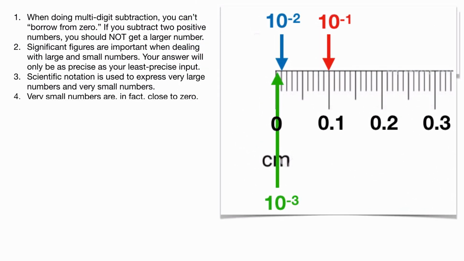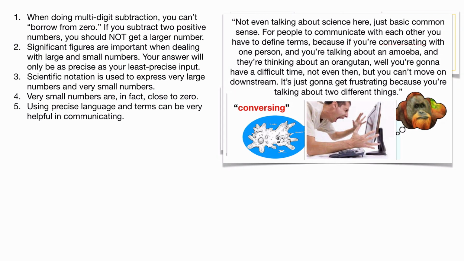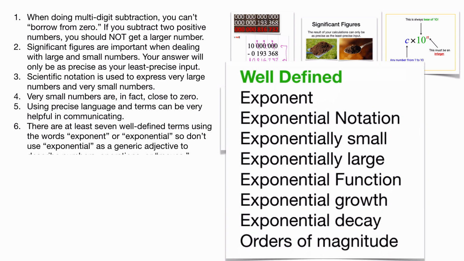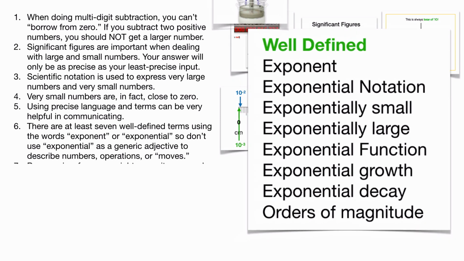Very small numbers are, in fact, close to zero. Using precise language and terms can be very helpful in communicating. There are at least 7 well-defined terms using the word exponent or exponential, so please don't use exponential as a generic adjective to describe numbers, operations, or worse yet, moves.